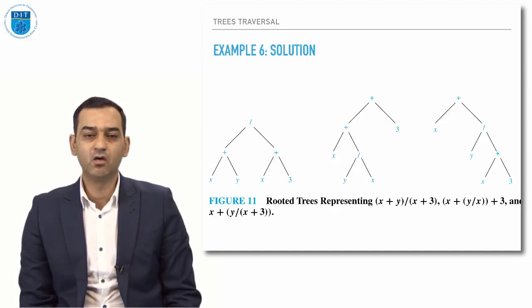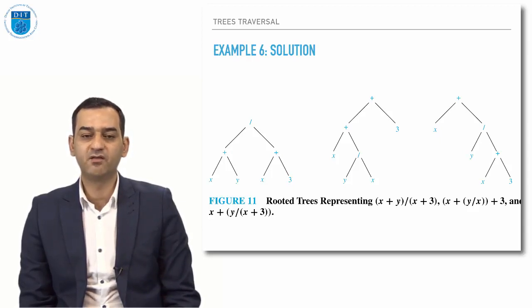For instance, in-order traversals of the binary trees in figure 11, which represent the expressions (x + y)/(x + 3), ((x + y)/x) + 3 and x + (y/(x + 3)), all lead to the infix expression x + y / x + 3. To make such expressions unambiguous, it is necessary to include parentheses in the in-order traversal whenever we encounter an operation. The fully parenthesized expression obtained in this way is said to be in infix form.